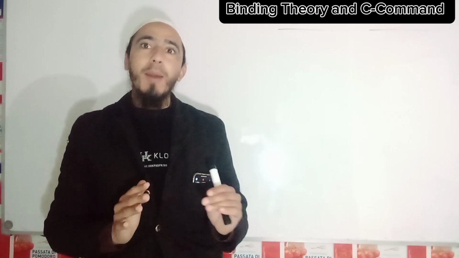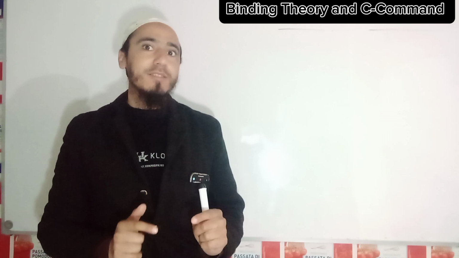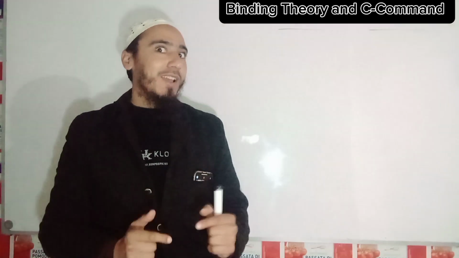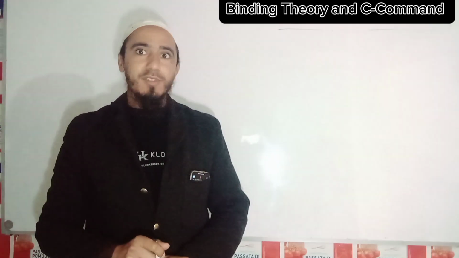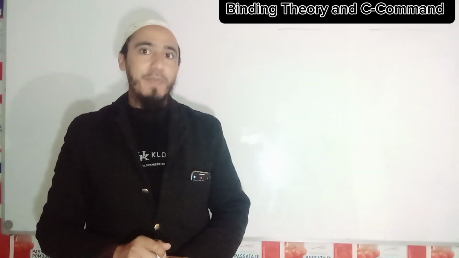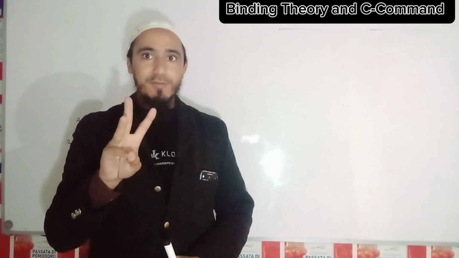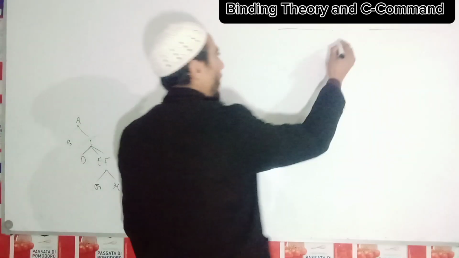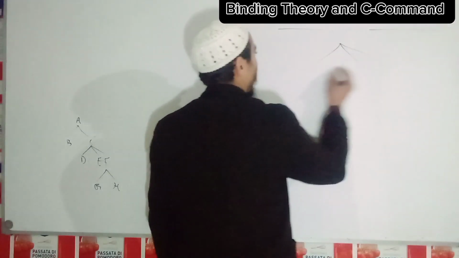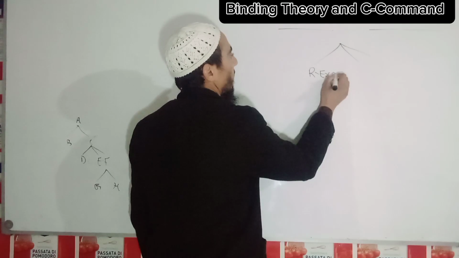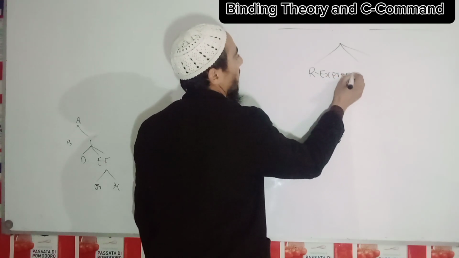I told you that binding theory is concerned with describing the structural relations between nouns. Then I discussed three types of nouns. The first one I discussed was the R-expression.